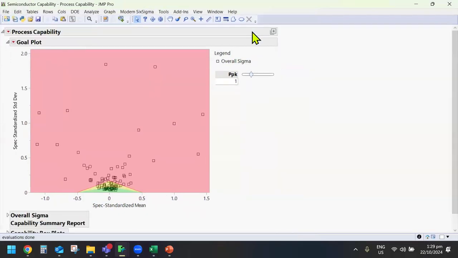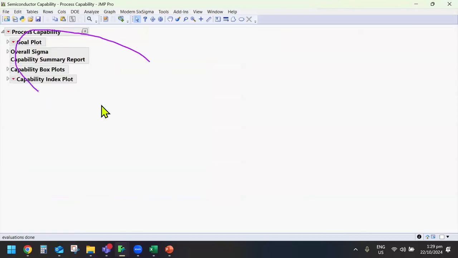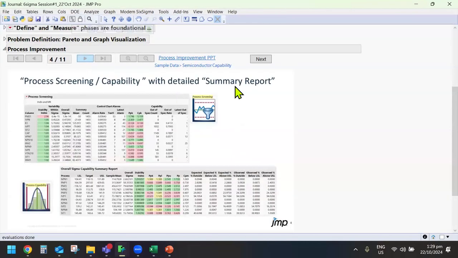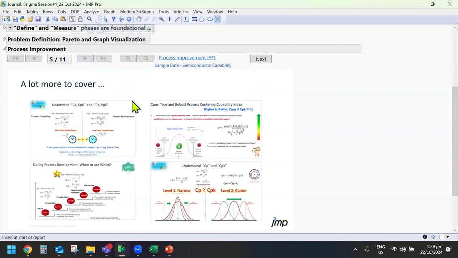Okay. Of course, under this capability analysis result, there is much other information provided, for example the detailed summary report, including the CP/CPK, which tells you where our current status quo is. We also have not only CP/CPK, but also PP/PPK.